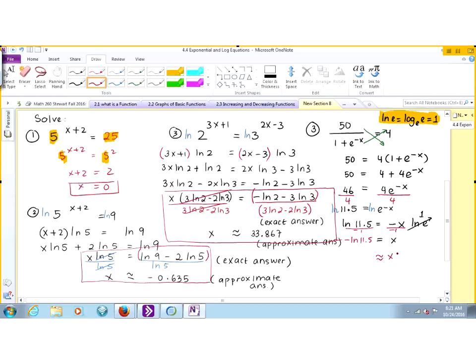What is the approximate value? Negative 2.442. Okay, thank you. All right. Easy? Okay. 2 more, and then we're going to discuss the log equations.